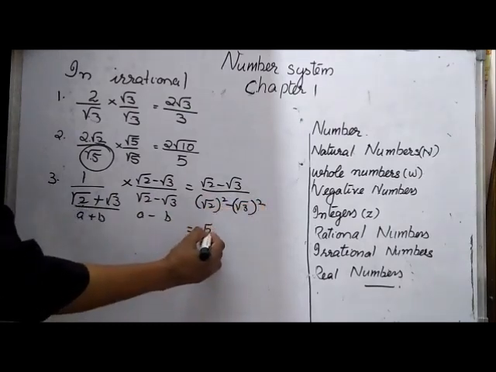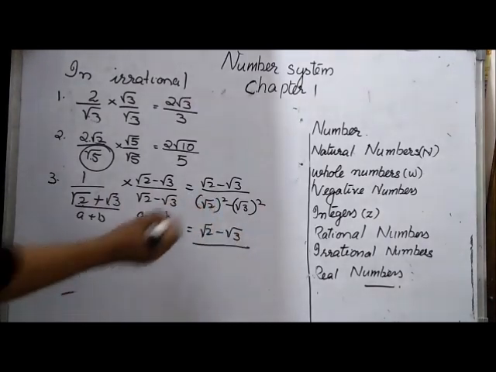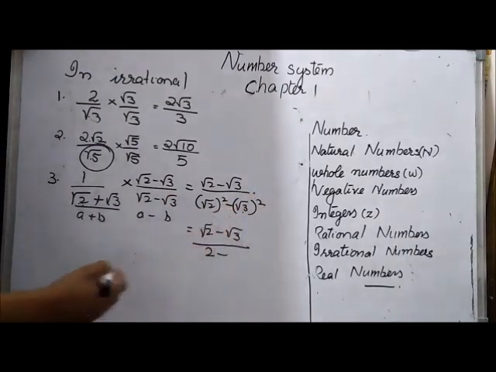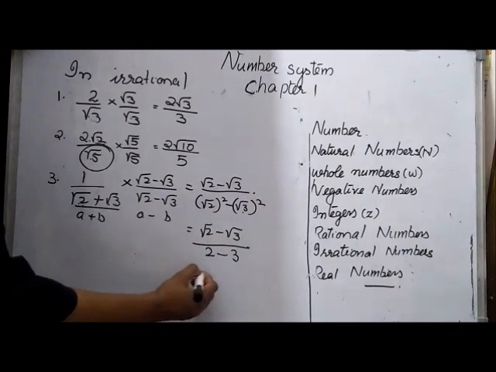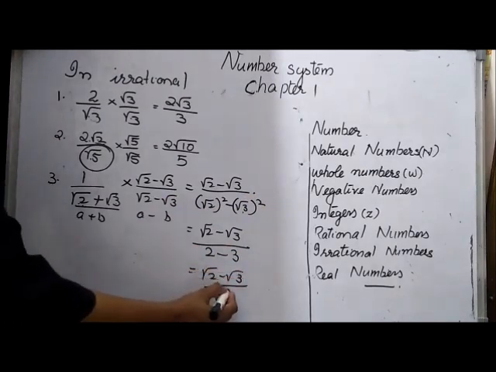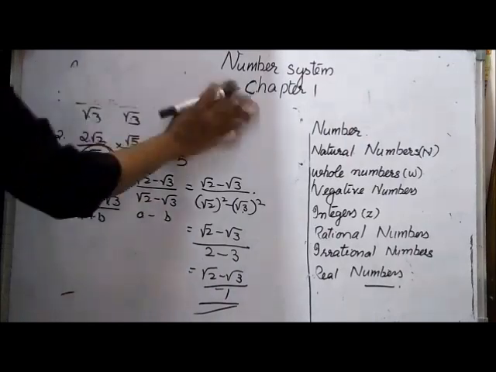That is root 2 minus root 3 divided by root 2 square, 2, minus root 3 square, root 3 into root 3, that is root 9, that is equal to 3. So root 2 minus root 3 divided by minus 1. This is our answer. Now one more example.